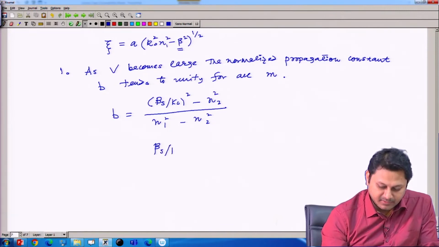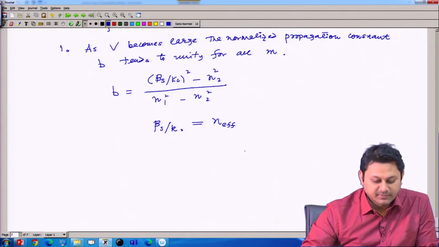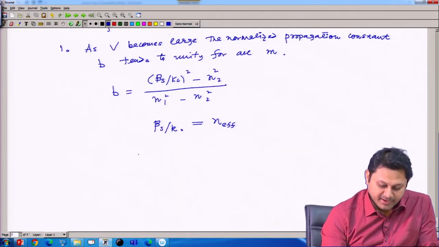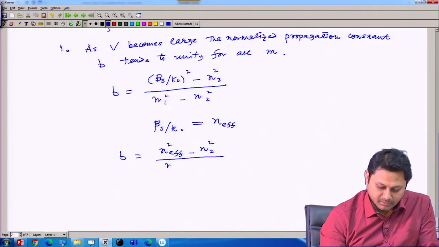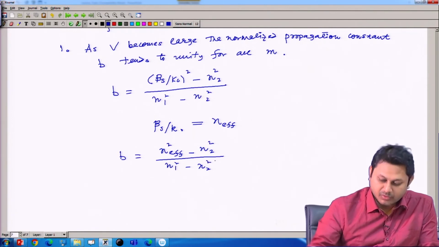So, beta divided by k0 is called the effective refractive index of the mode. When the mode is propagating through the system, it will experience an effective refractive index, and I can define it this way. So, B is eventually (n effective squared minus n2 squared) divided by (n1 squared minus n2 squared).